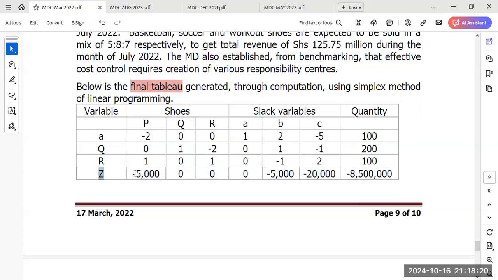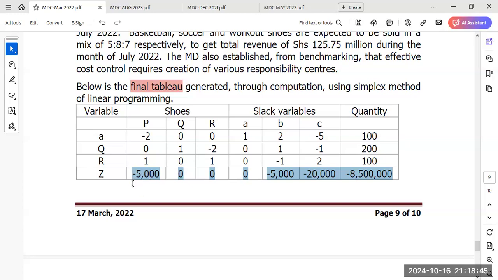But if the final tableau has positive values only, then as you state your initial tableau, make sure you start with negative values, because the aim is to work towards getting positives.